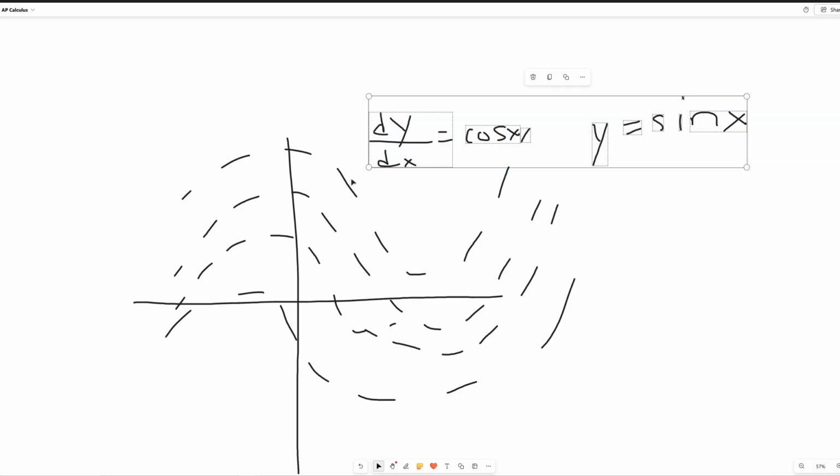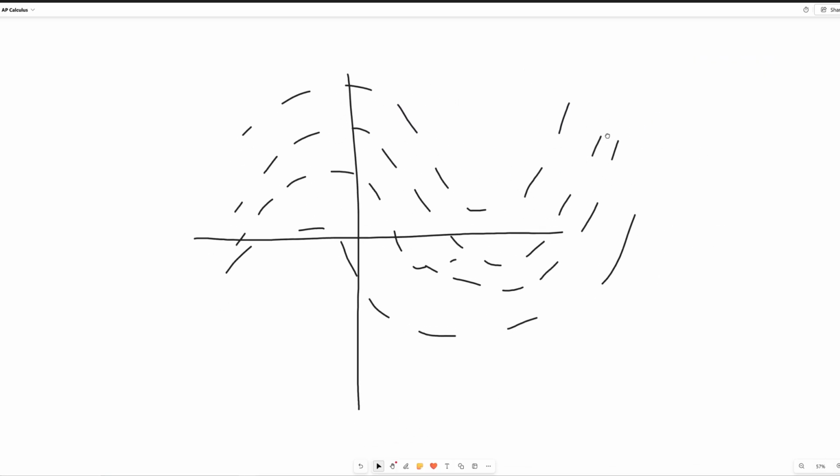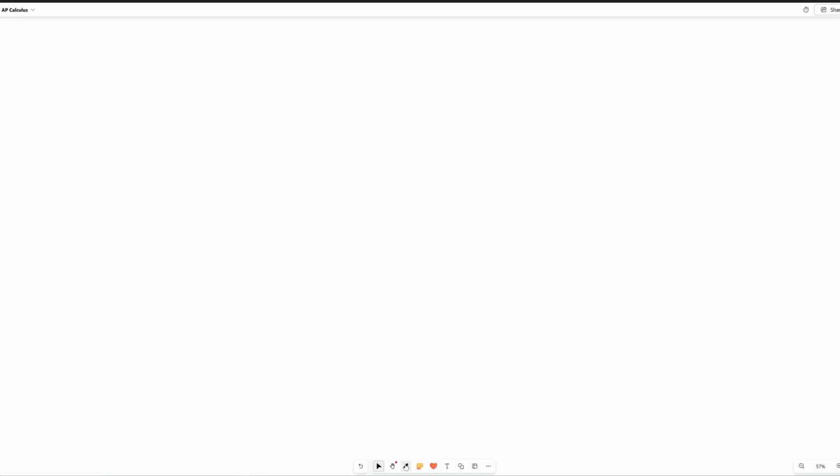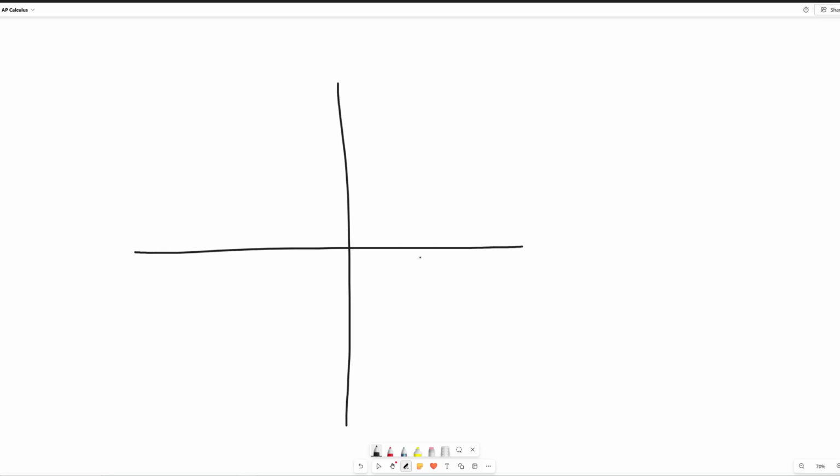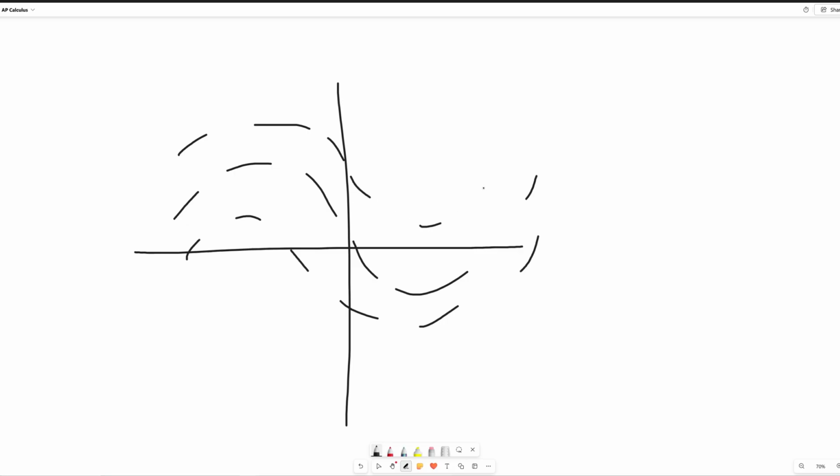So usually, these slope fields that you get, these are always on multiple choice again, will look sort of like the function that it represents, even if it's dy over dx. So if you have one that looks like this, then you can already recognize that it is a trig function.